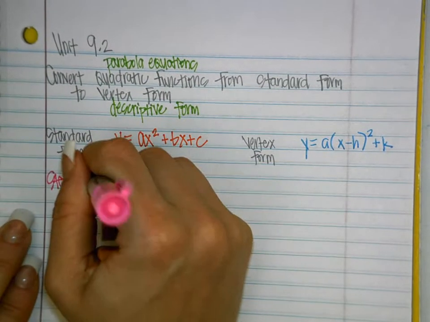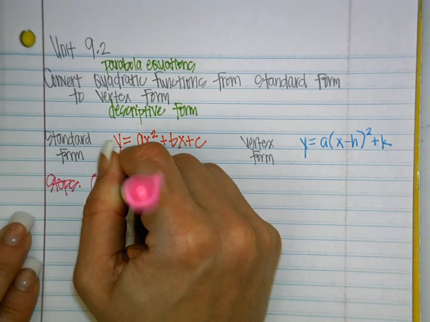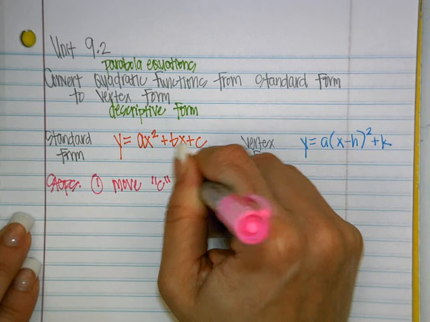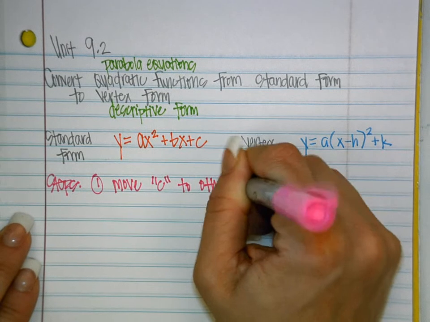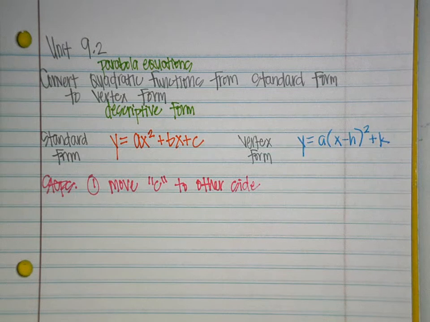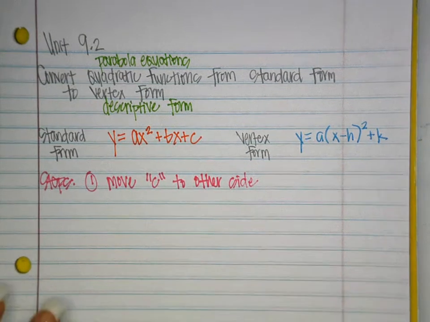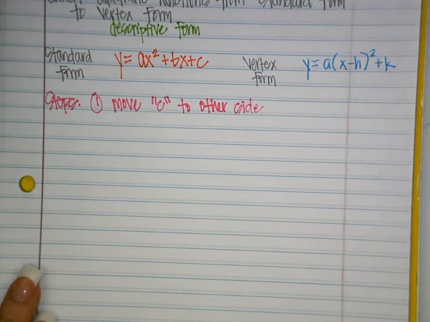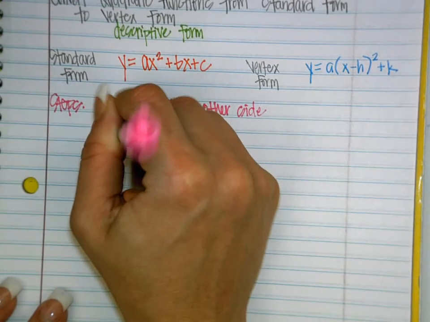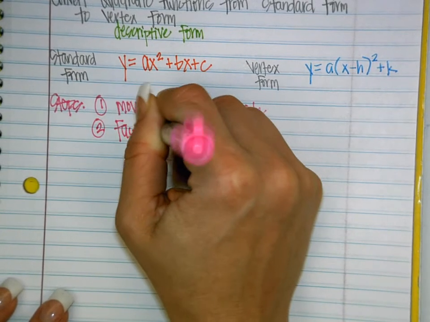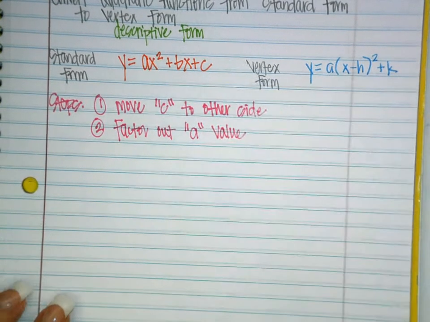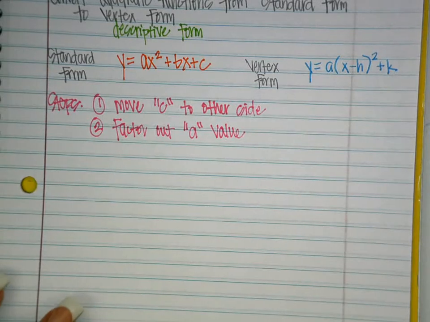Okay, so your steps. Step 1 is to move the c value, so move c to other side. And these will hopefully make a lot more sense once we get into some actual examples. Step 2 is to factor out the a value.